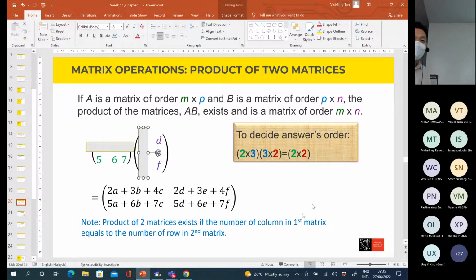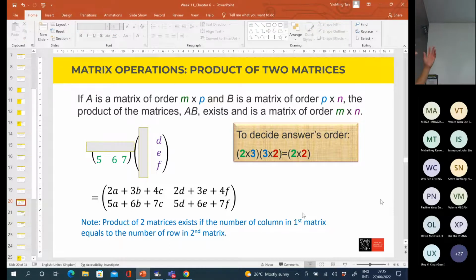I usually hide the irrelevant parts so that you're not confused. In the exam also, you can use your hand or a piece of paper to hide the columns and rows that are not relevant. Let's check the answer: this element is formed by 5 multiply D plus 6 multiply E, and then plus 7 multiply F.